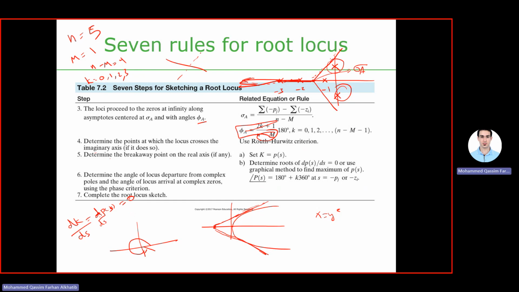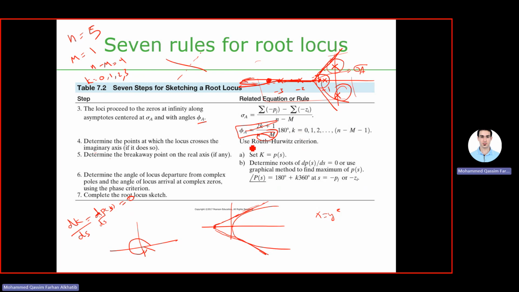You might get 2 points, but you only need one. How do you determine that one? From your imagination. Notice here that I constructed something. I may have a breakaway point here and another breakaway point here. Which one will you pick? This one, because my intersection is this point. So I will assume that my sketch is like this.